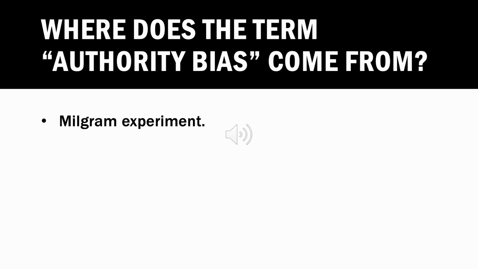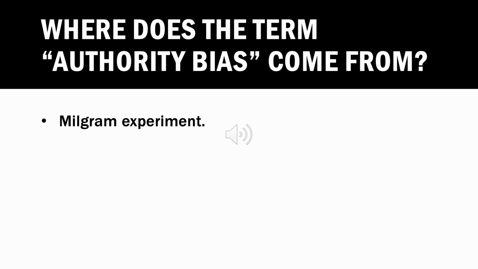So you would have these two people meet each other, and they would each be designated a role. One of the actors would be the learner who would get shocked if they got an answer wrong. The other person, this time not an actor, would be the one delivering that shock, as the doctor sat next to them and instructed them to deliver said shock.